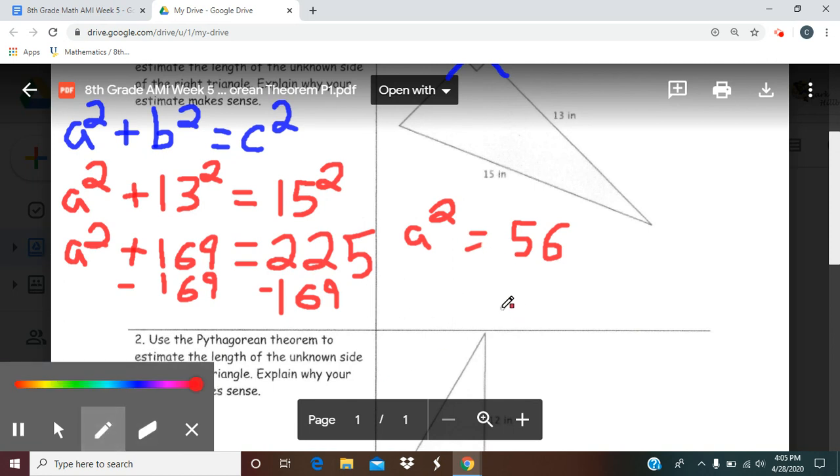I'm hoping you said no, because there's no number that if you multiply it times itself, doing repeated multiplication, would equal 56. So let's try to think of what two perfect squares 56 falls in between. If you think back or are looking at your chart, you should know that 7 squared equals 49.